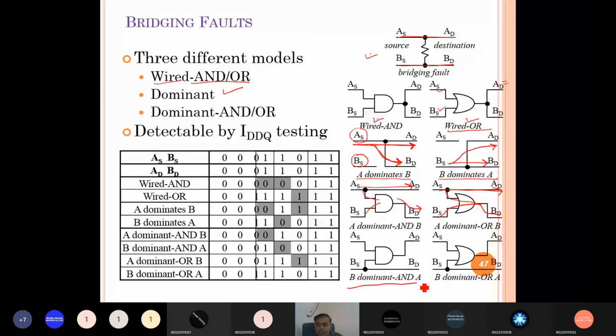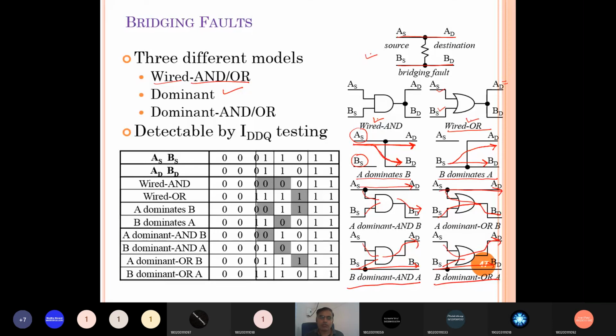And B dominant AND A, so B is dominant on A with the AND effect of A, and similarly B dominant OR A. So due to the shorting of two signal wires, it can form different types of bridging faults, either the wire AND or wire OR fault, or two types of dominant faults, or four types of dominant logic faults.